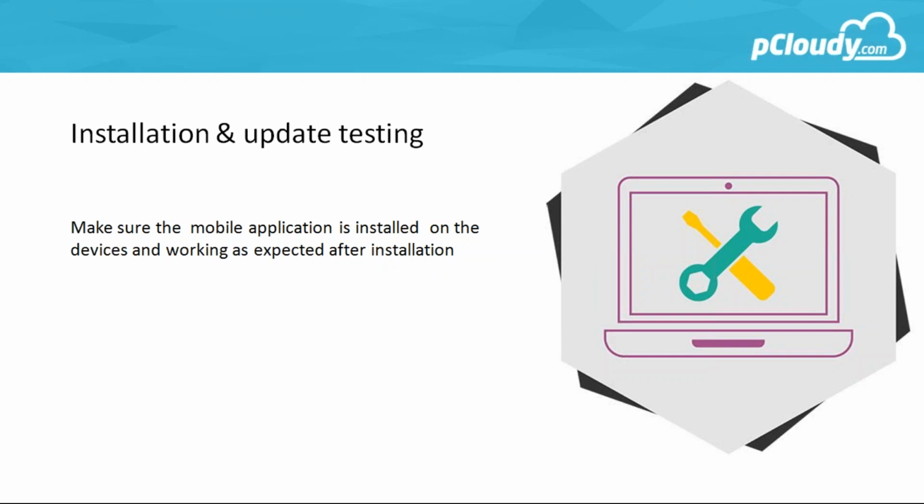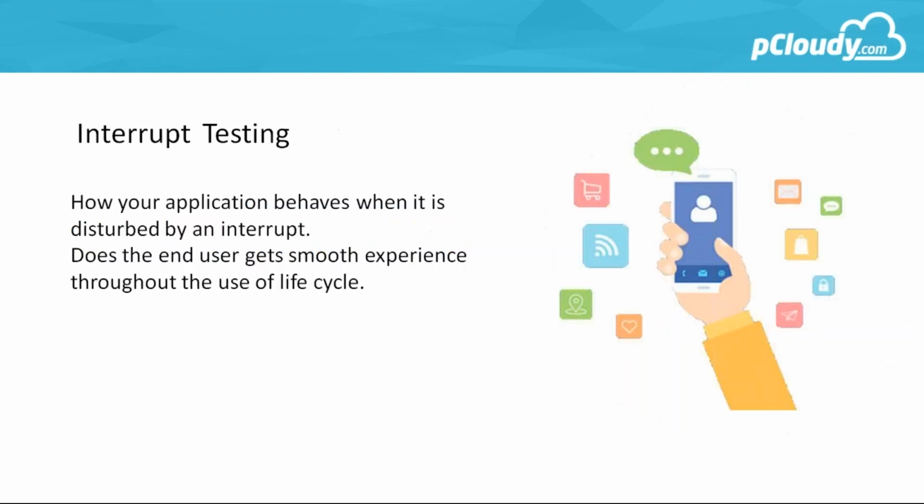Okay, so all these things we have to test. Installation testing is pretty much needed, looking at the big landscape which we have, the plethora of devices which we have for Android. So yes, installation and update testing is pretty much needed.